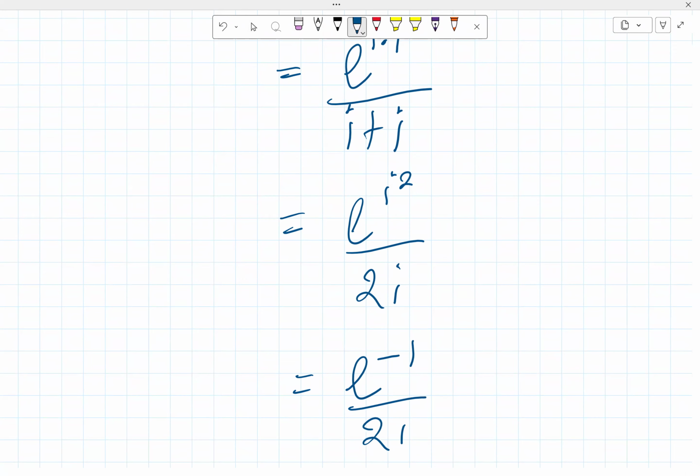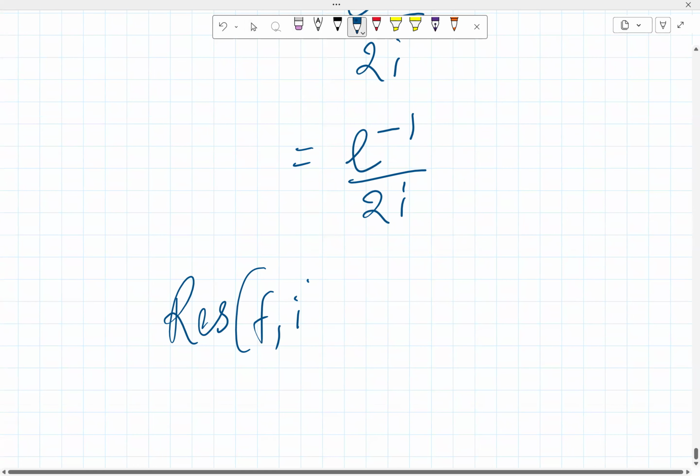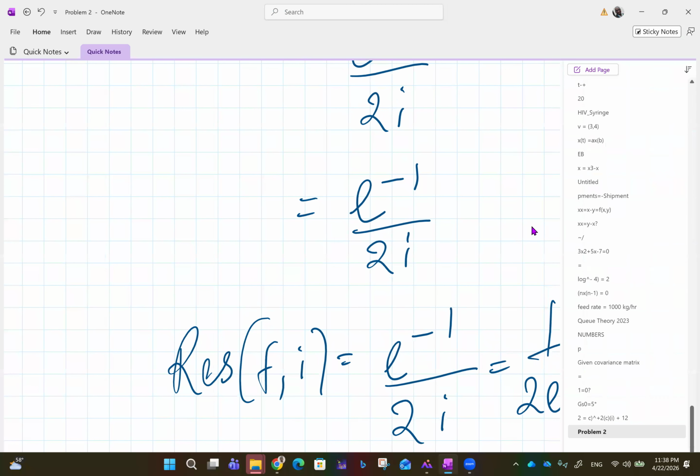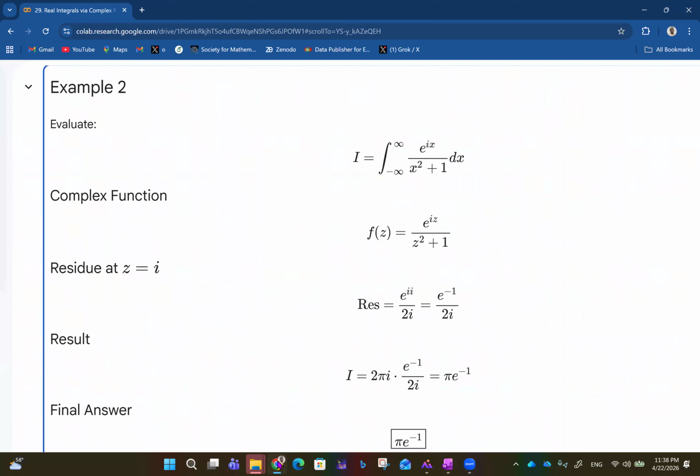So in essence, the residue of f at i is e raised power minus 1 all over 2i, or if you like, 1 over 2ei, because the e can come down.